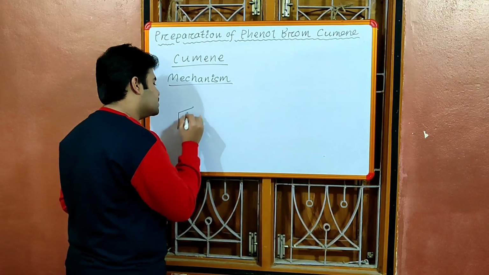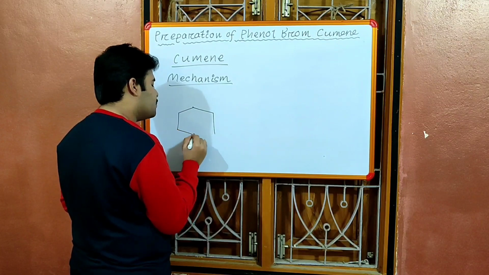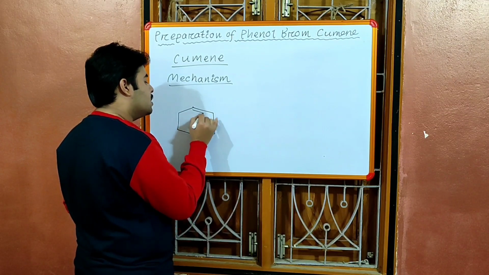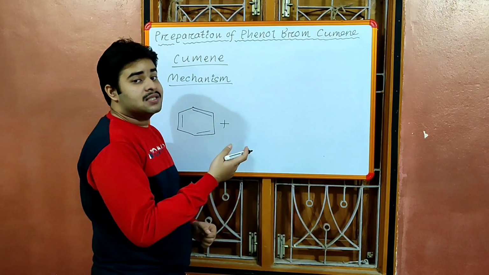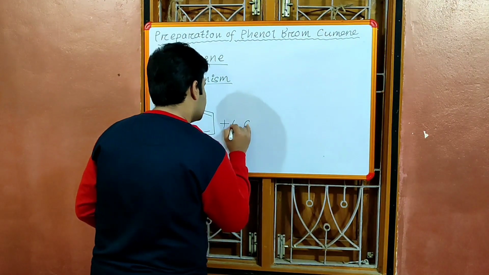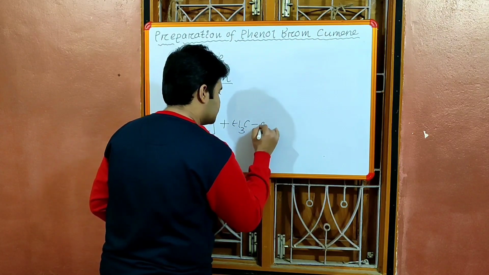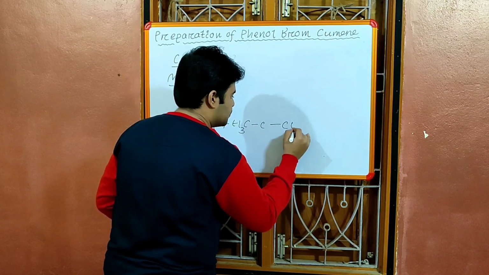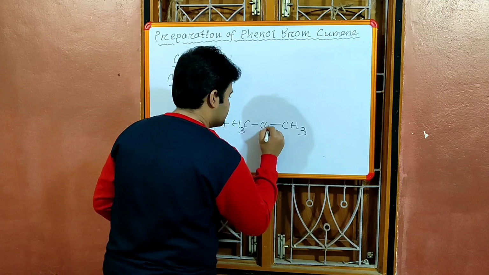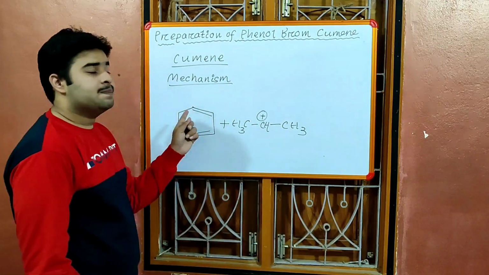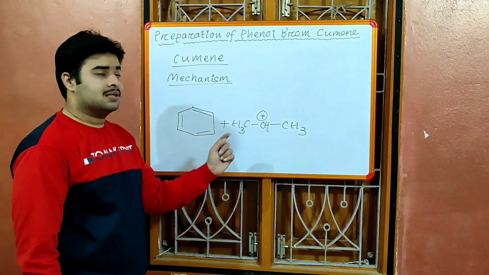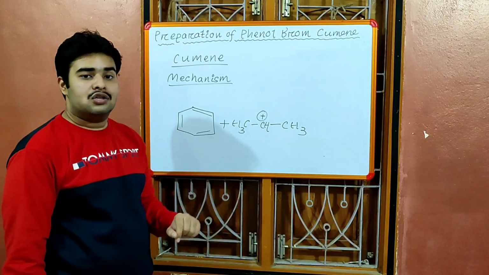As there is the presence of the pi electron cloud around our benzene ring and there is the presence of the carbocation, this pi electron cloud will attract this carbocation towards itself.